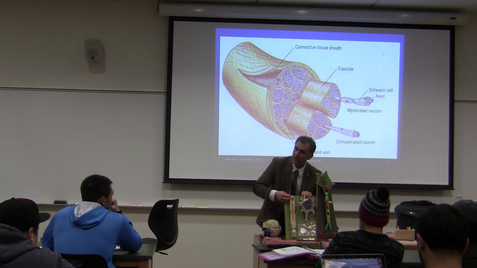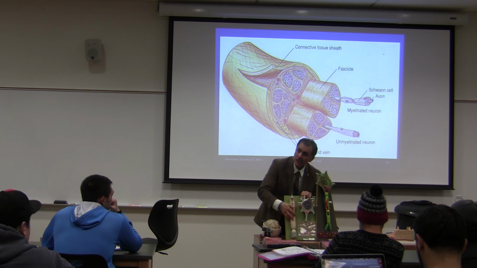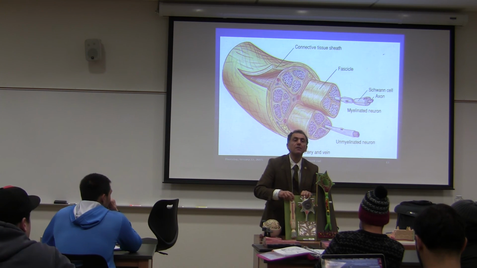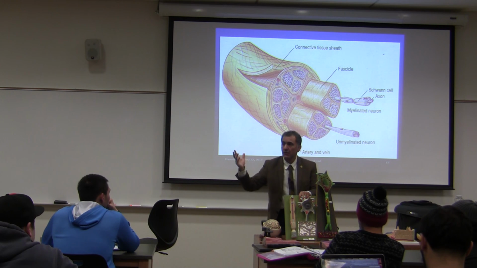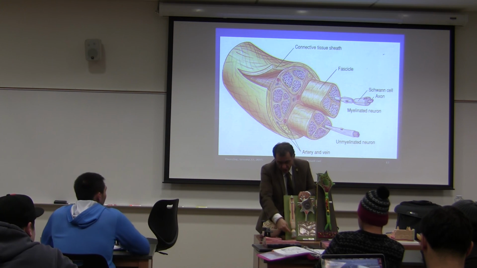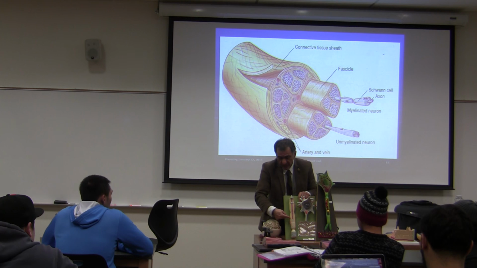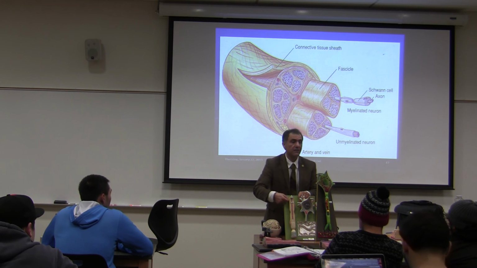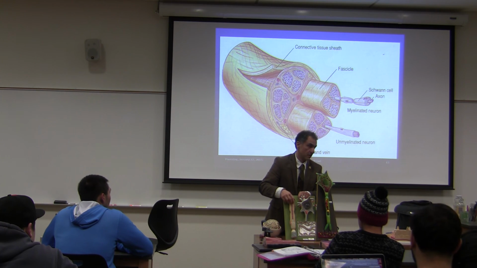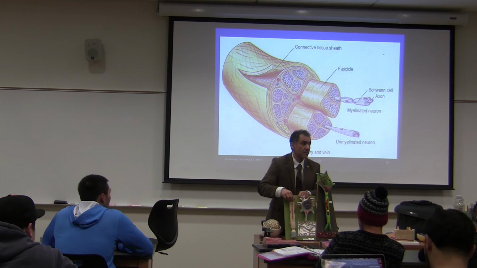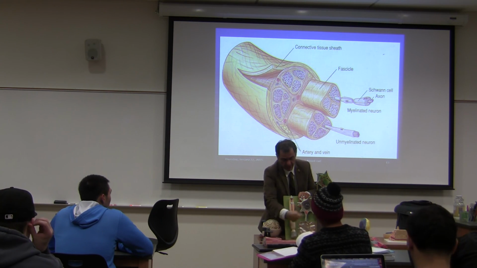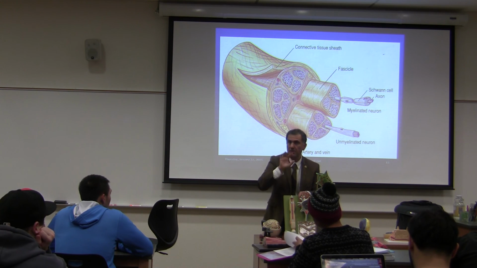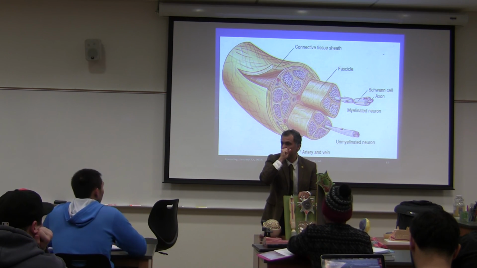That is called saltatory conduction. Saltatory, like a salsa, you dance salsa. So action potential gets from point A to point B, from here to here, faster because it's jumping. Am I making some sense?